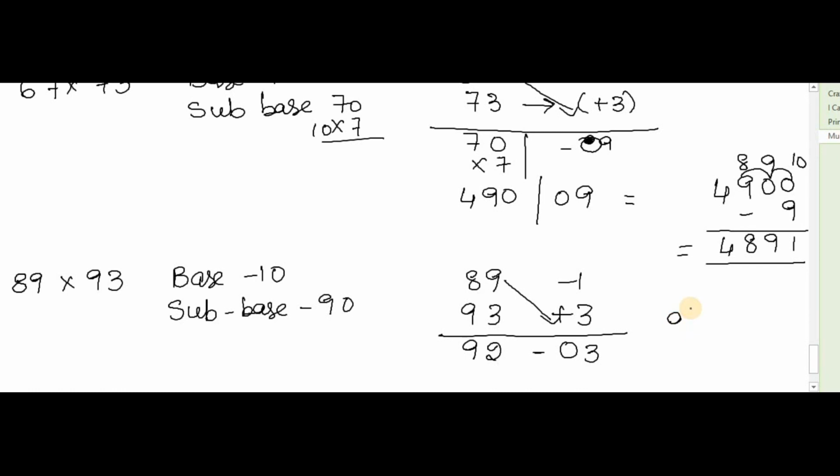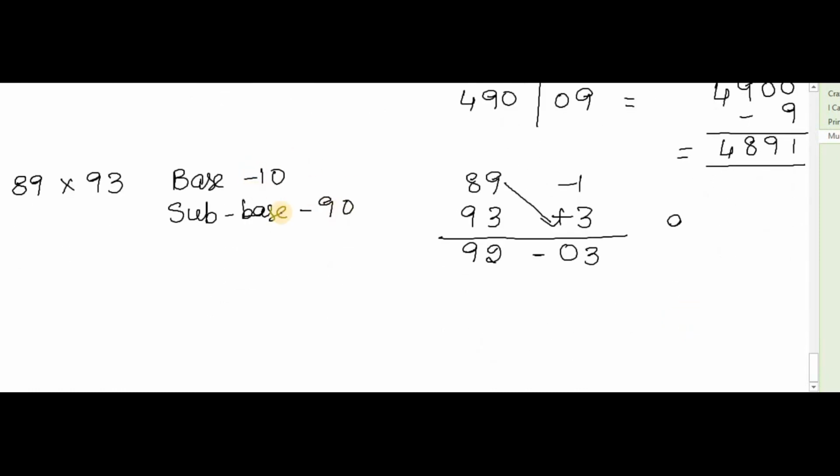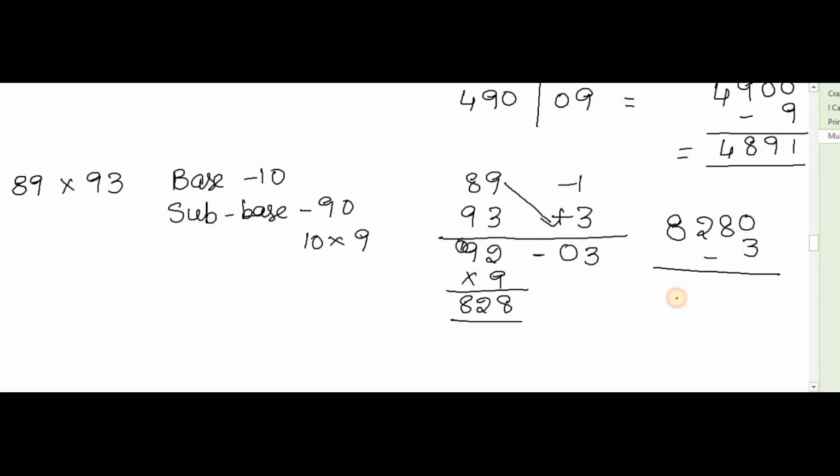So as you all know, my sub base is more than base by 9. So we'll multiply by 9. 9 2s are 18. 9 9s are 81 plus 1 is 82. 8 2 8 and my base has 1 0 minus 3. 10 minus 3 is 7 and 7 2 8. So the answer is 8277.